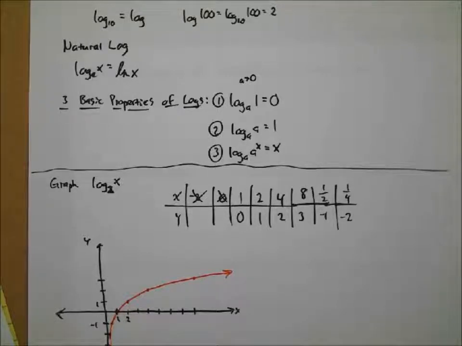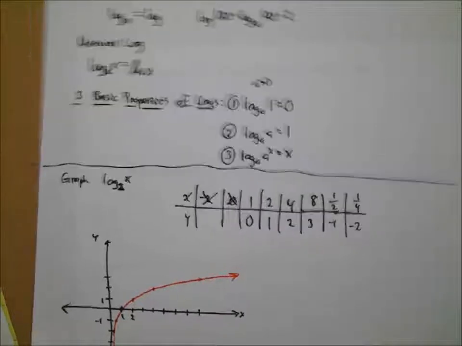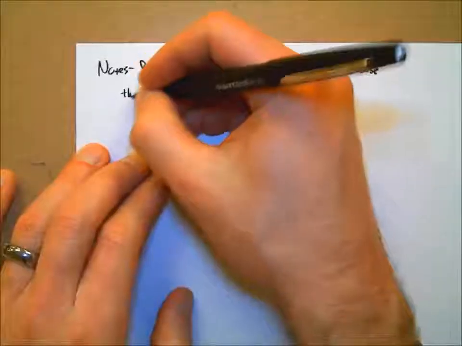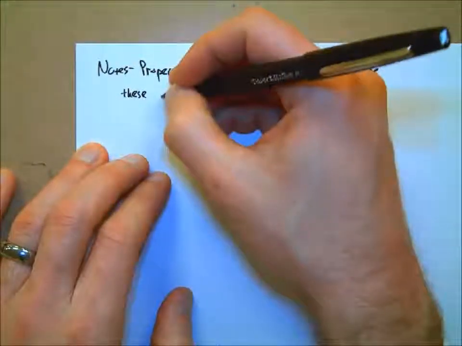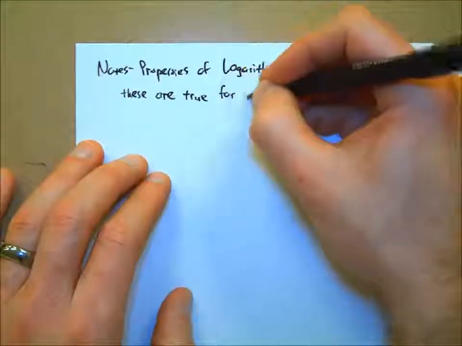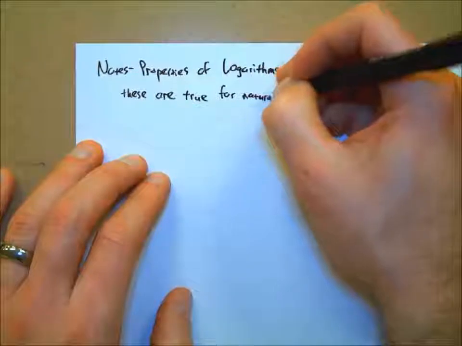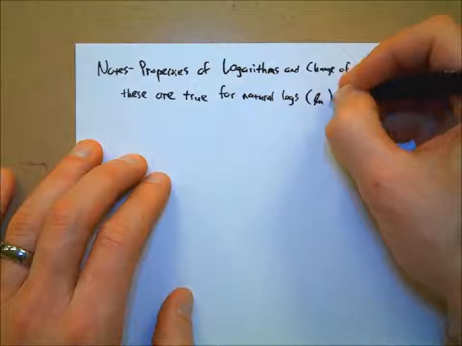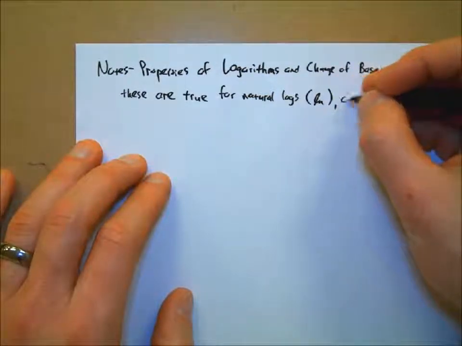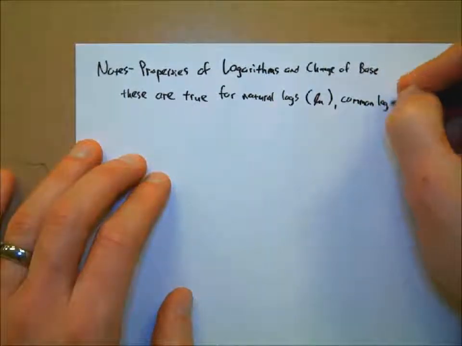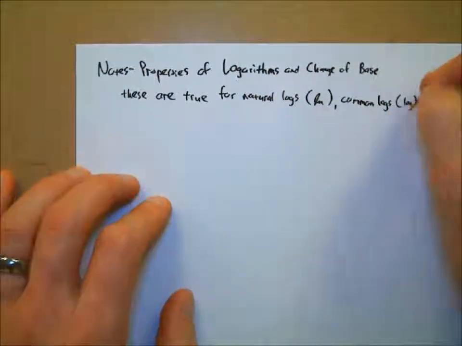They're going to expand on some of these properties now, with different kinds of ideas. Understand also that these are true for natural logs, so that's when you see ln, and for common logs, that's just log with no base, and all other logs.